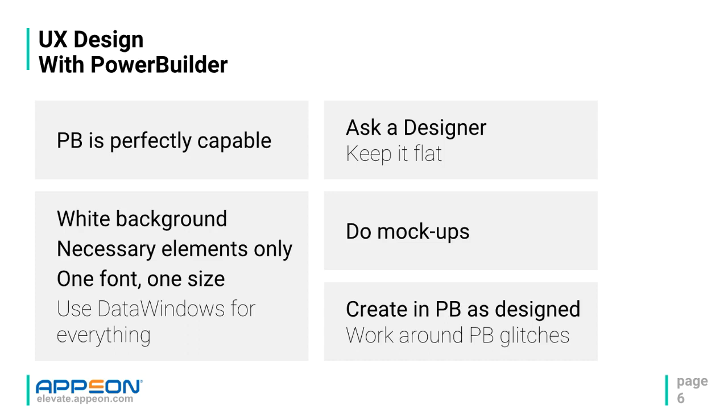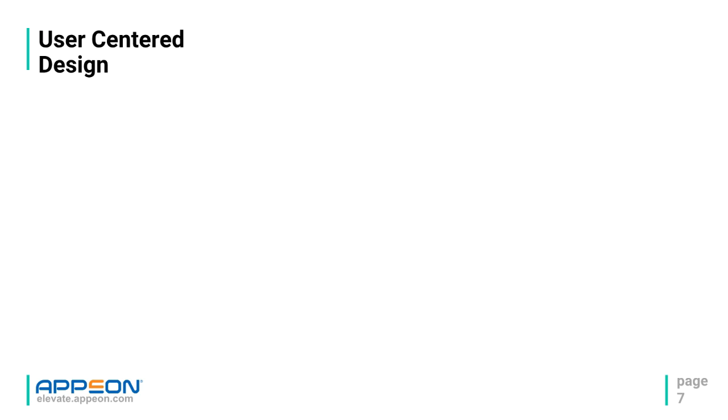With the controls on the window, well, the button works fine, but almost everything else, it's not going to give you what you need. But with the data window, it usually works pretty well, and you have more possibilities to make it look the right way. So much about UX design.